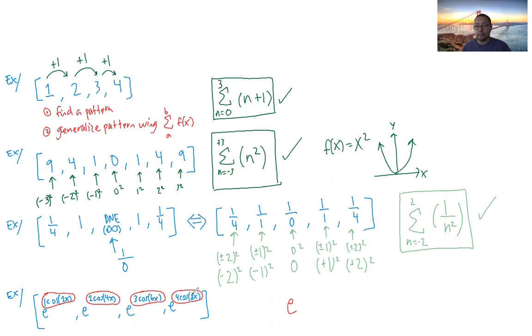Now let's look at these. The next pattern you're going to see is that the term inside of each of these cosines is twice the coefficient, because 2 is twice as large as 1, 4 is 2 times the 2, 6 is 2 times the 3, and 8 is 2 times the 4.